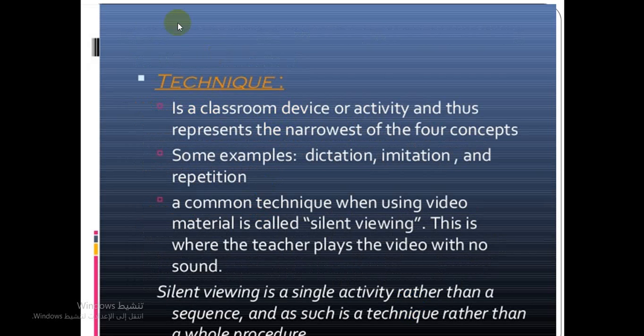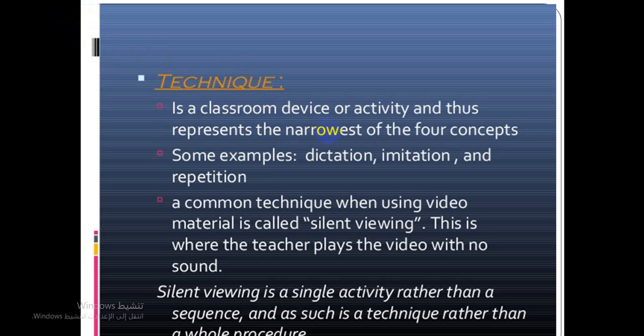What is a technique? Try to think and give a definition of technique. A technique is the procedure used by the teacher in the classroom.